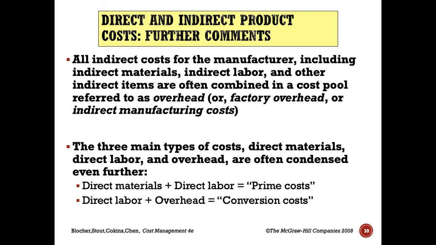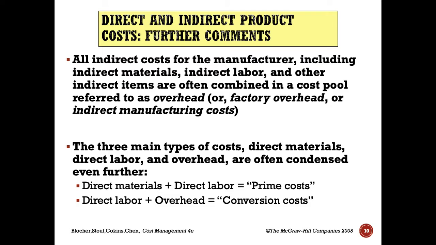Direct and indirect product costs, further comments. All indirect costs for the manufacturers, including indirect materials, indirect labor, and other indirect items, are often combined in a cost pool referred to as overhead, or factory overhead, or indirect manufacturing costs.